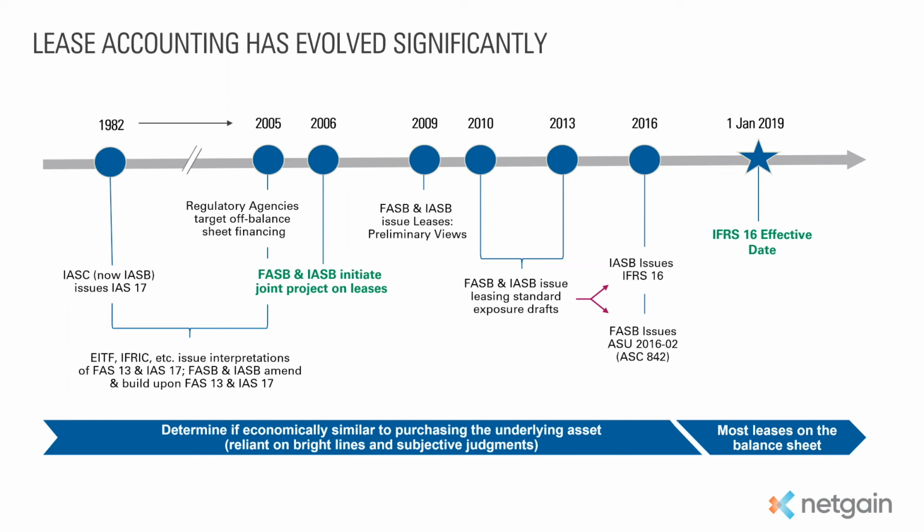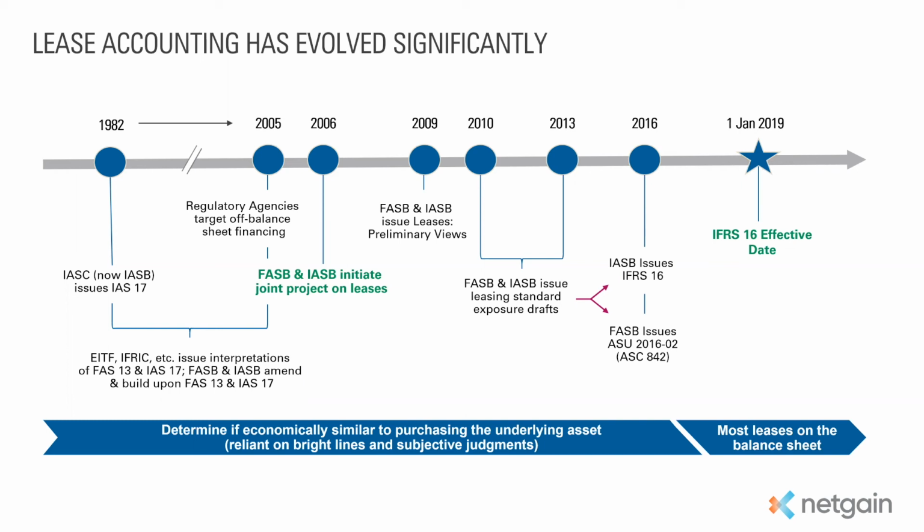But really, in the early 2000s, here in the U.S., but also globally, there was a lot more scrutiny about off-balance sheet financing. The basic underlying premise prior to IFRS 16 was that there was essentially a bright line, a 4 criteria approach to say, is my lease a capital or an operating lease?